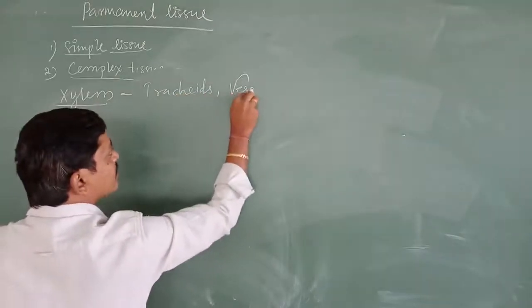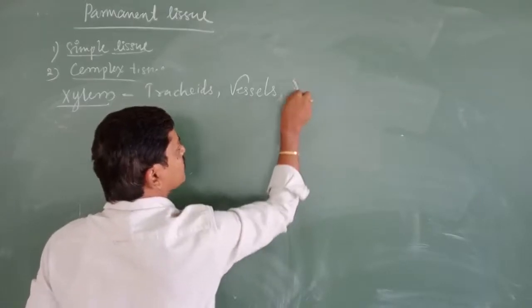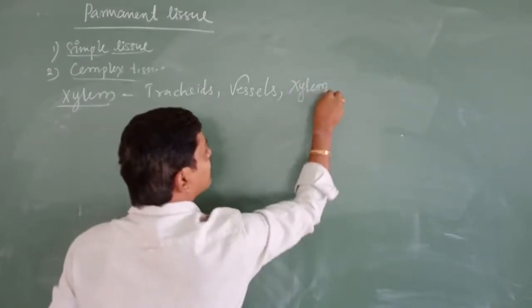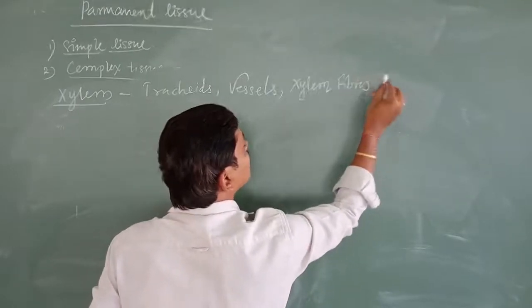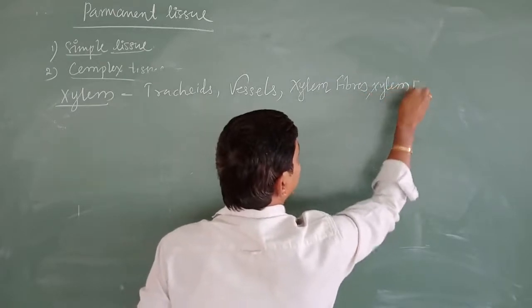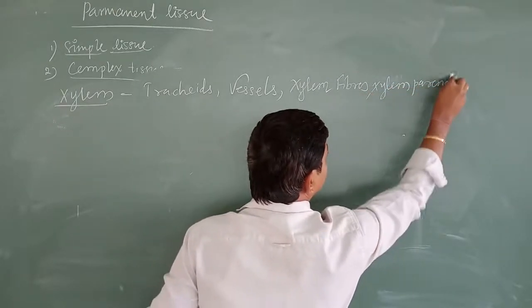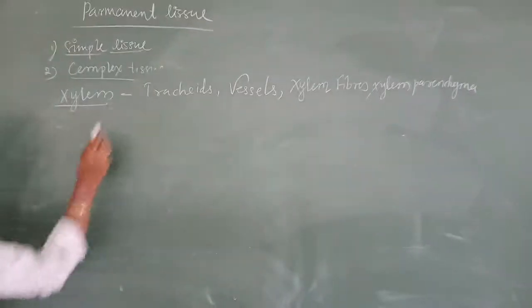Second one is vessels. Third one is xylem fibers. Fourth one is xylem parenchyma. Now I am going to start discussing the tracheids.